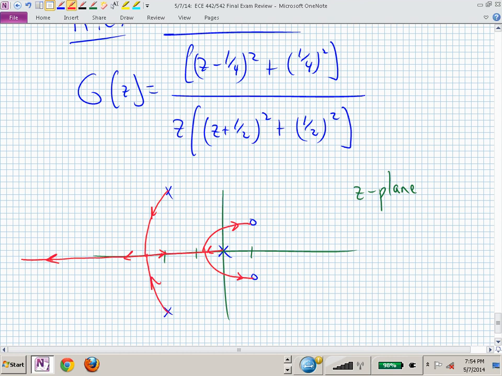But what's another way? Well, you could check the gain along this real line if you had some time. You could evaluate the gain for those negative values of z, and what would you be looking for? We're cranking up the gain. Right here, as I move this way, what's the gain doing? Increasing. So that point is a relative minimum, isn't it?